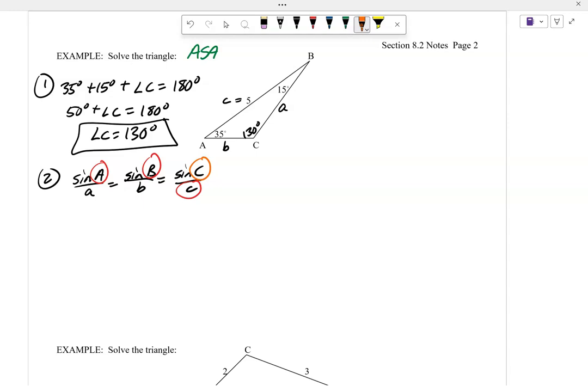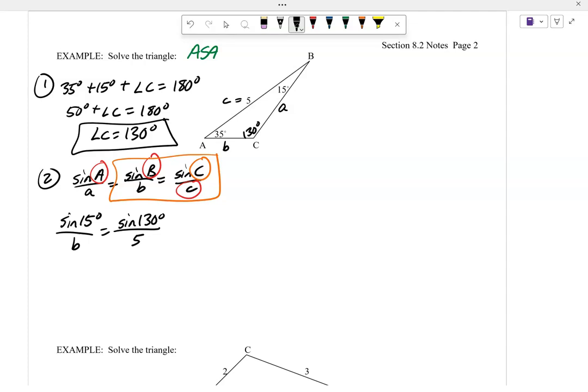And so let's go ahead and, we can do any two of those, but we're going to have to use angle C and C, right? So we have to have 3 of the 4 there to solve for the remaining variable. So sine of 15 degrees over B would equal the sine of 130 degrees over side length C, which is 5.